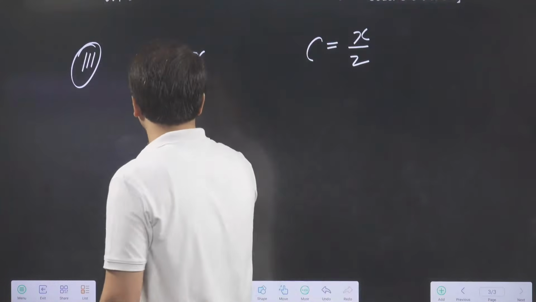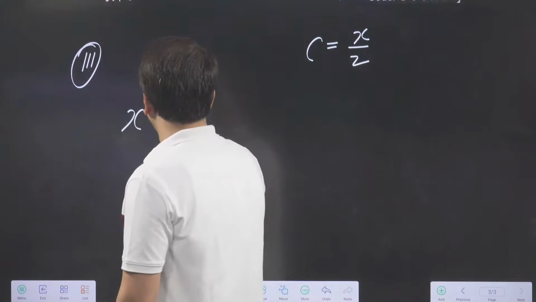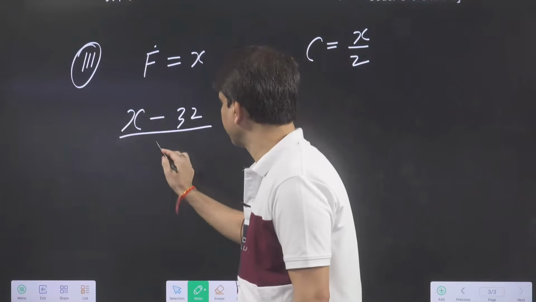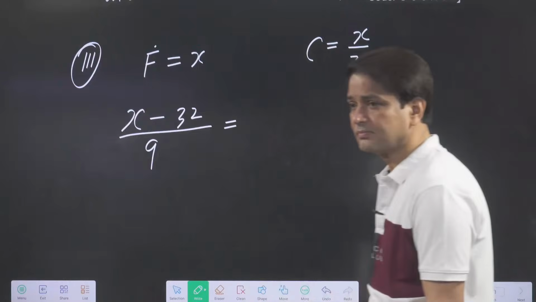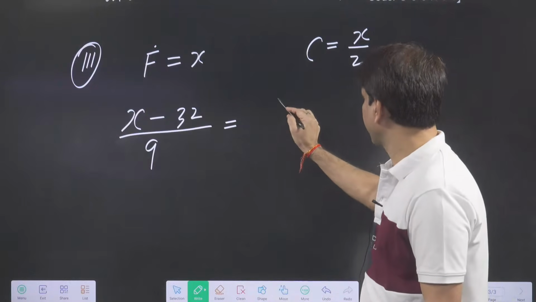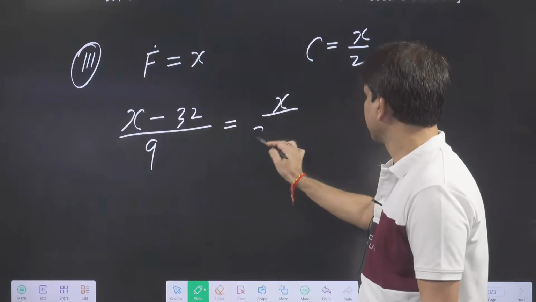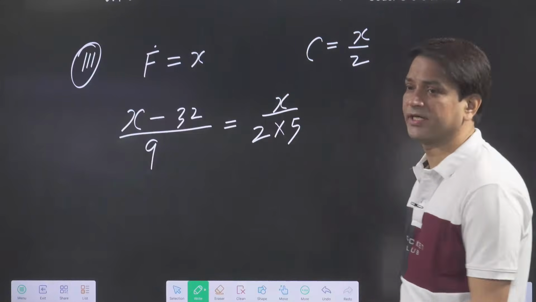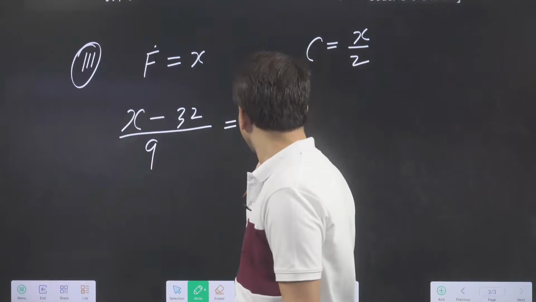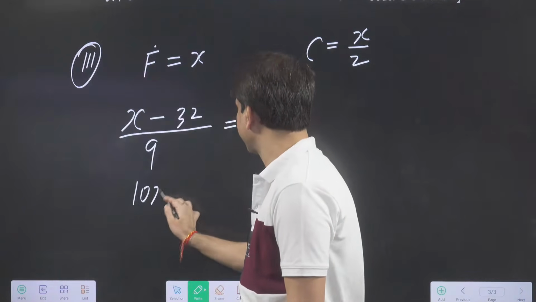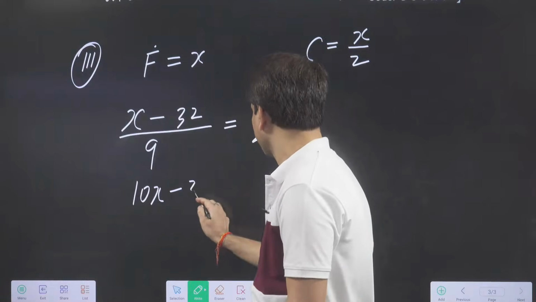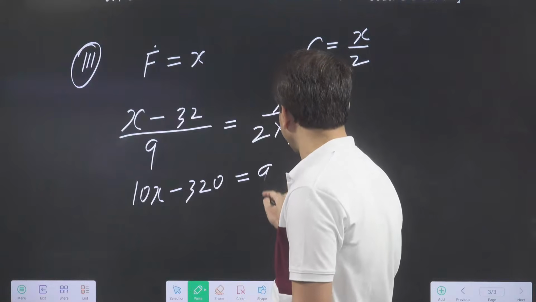Now equate the TSI. (X minus 32) by 9 is equal to, here C is X by 2, and the division is what? Here we will take the denominator 5. Okay, then what we will get? 5 to the 10, so 10x minus 160, 320, that is equal to 9x.